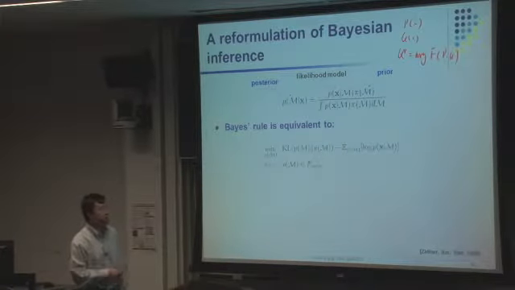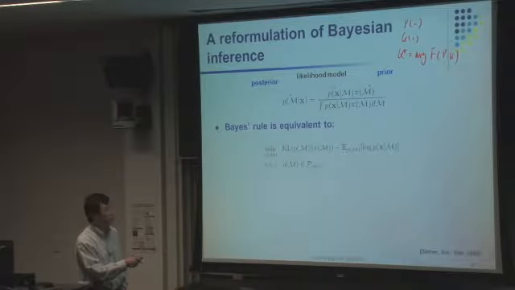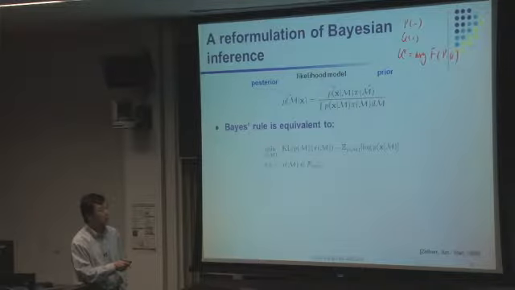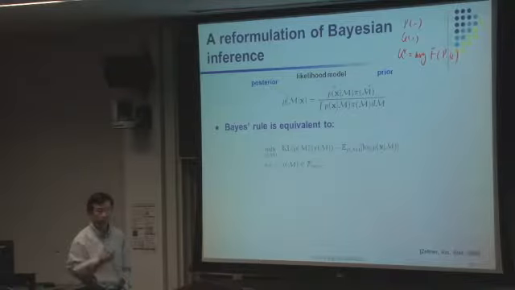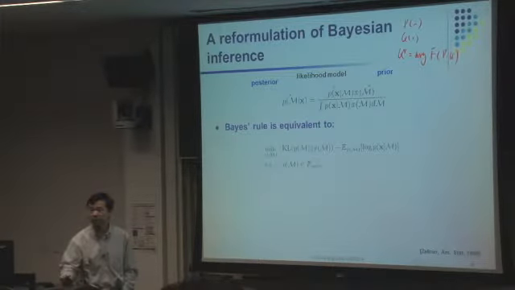But it is equivalent to say that the posterior is obtained from minimizing the KL divergence between the prior and the posterior minus a function over the likelihood, expected over the prior distribution or over the posterior, such that this posterior is a valid distribution. I'm not going to prove this. This is pretty trivial to prove. If you want to do it, you can do it as an exercise. But these two things are surprisingly equivalent.